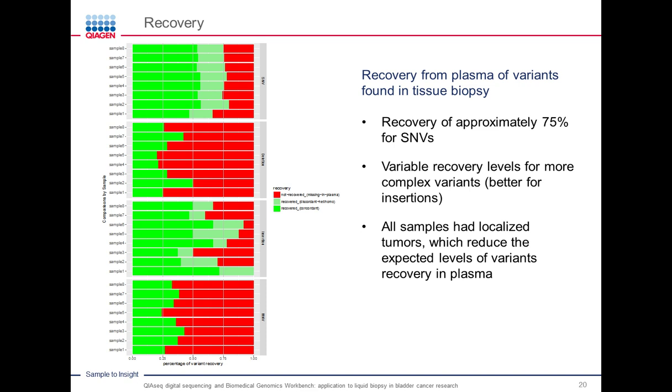The recovery of more complex variants is a bit more variable. As you can see, we have a lower recovery for the deletions, and higher recovery for the insertions. This is obviously due to the complexity of the variants we are dealing with.